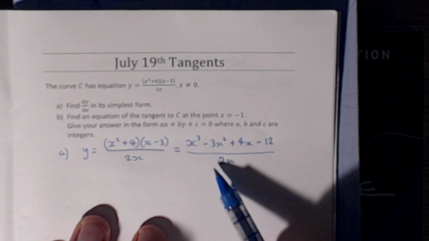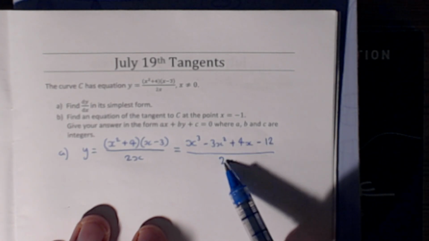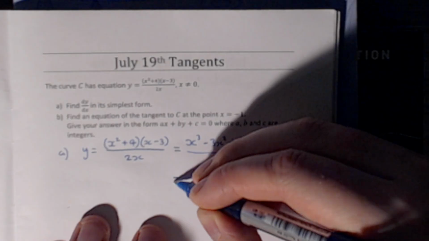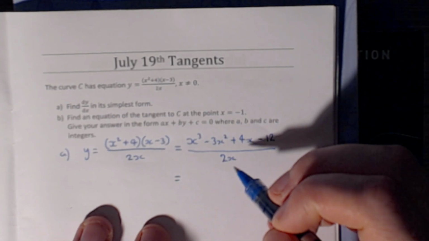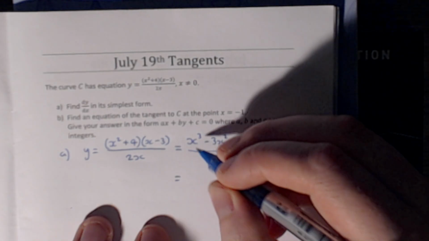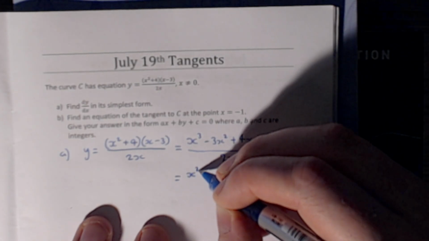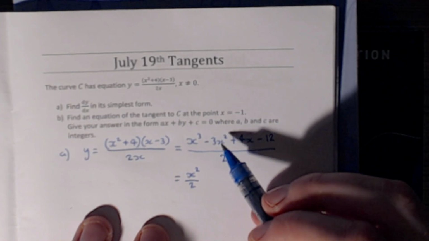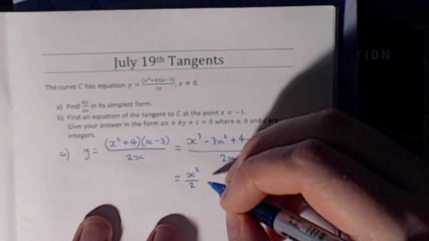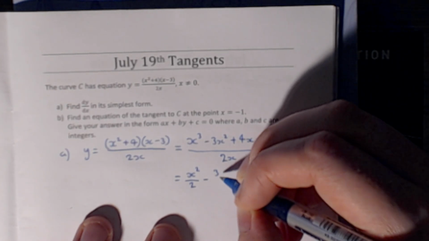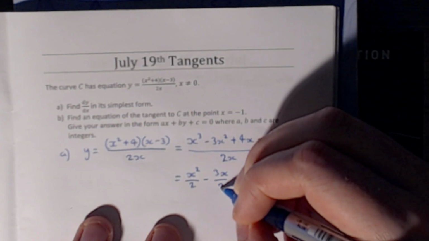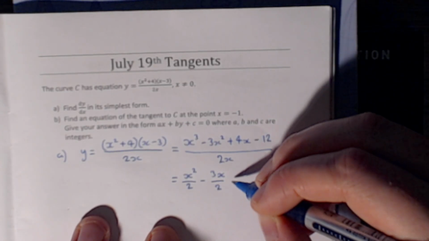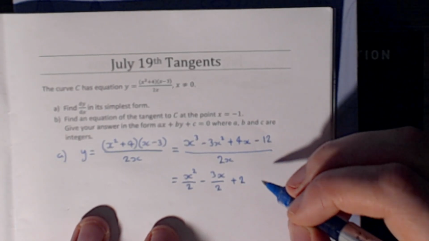So now we need to do this division by 2x. We can't differentiate this yet because we've still got this division. So x cubed divided by 2x, that's going to be x squared divided by 2. Minus 3x squared divided by 2x, that's going to be minus 3x divided by 2. 4x divided by 2x, should be fairly simple to see that that's 2.